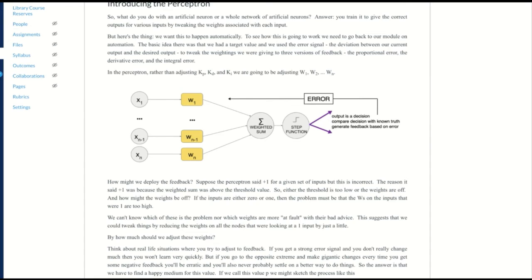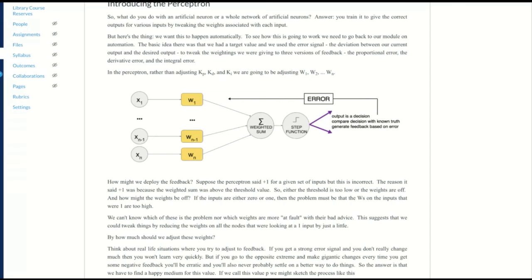So with a neural network, we're doing exactly the same thing, except this time, instead of just 3 coefficients, the Kp, Kd, Ki, what we have is a whole bunch of weights on the connections between the inputs and the neuron itself.